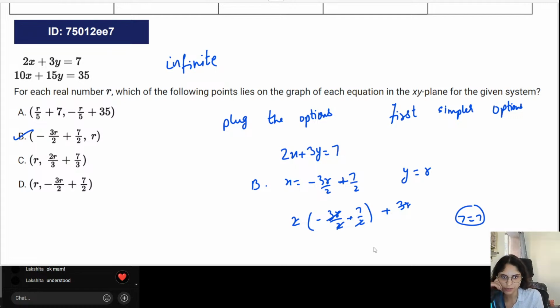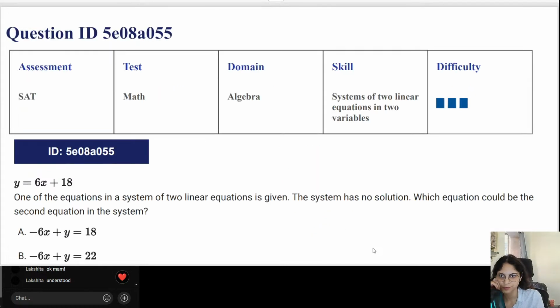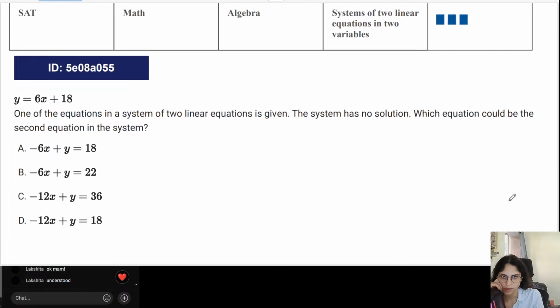Next is 58. Again, you have no solution. This is slope intercept. So you're looking for same slope and different y-intercept.